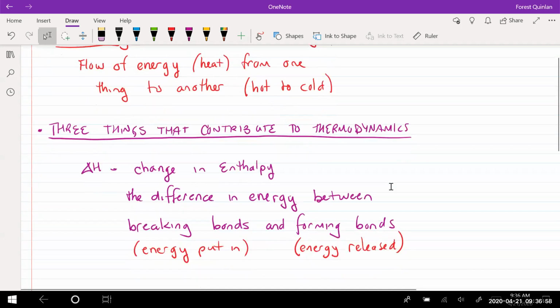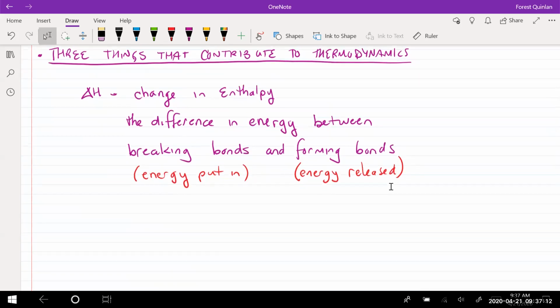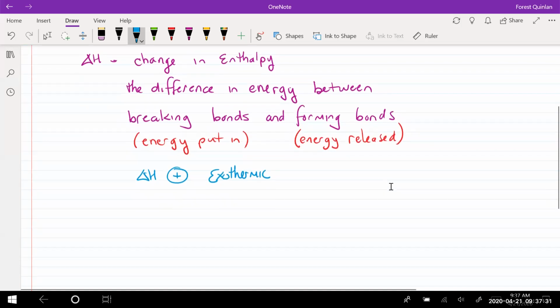Now, enthalpy is essentially the intrinsic energy stored up in these chemical bonds. So when we talk about enthalpy, it's sort of the inherent chemical energy that every compound has. It should be noted that if the delta H is positive, we call that endothermic.